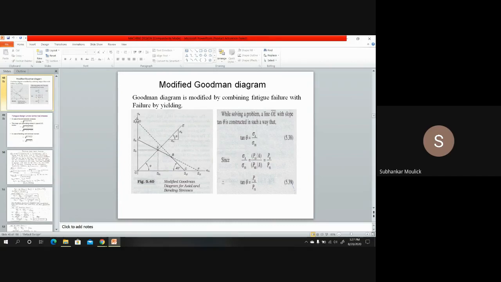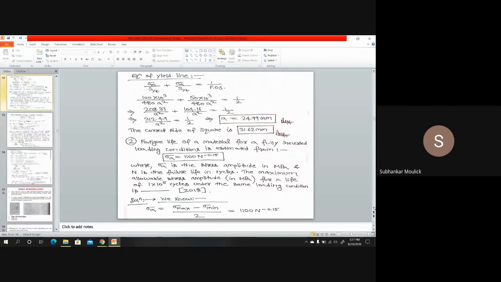So on the x-axis, this line is joining at SYT, so this will be the value of a, the x-intercept, and along the y-axis, this line is joining at point D, so the value of b, the y-intercept, is SYT. So sigma m by SYT plus sigma a by SYT equal to 1 by factor of safety.